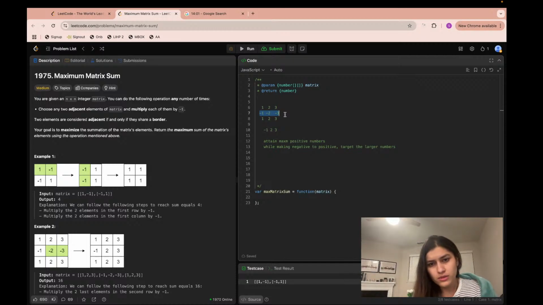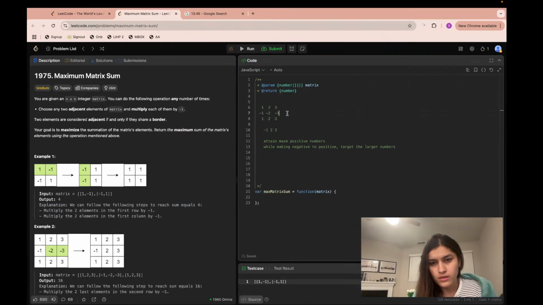All these numbers are negative and I need to convert them to positive to increase the sum. The sum is highest only if all the numbers are positive, and especially the bigger numbers.